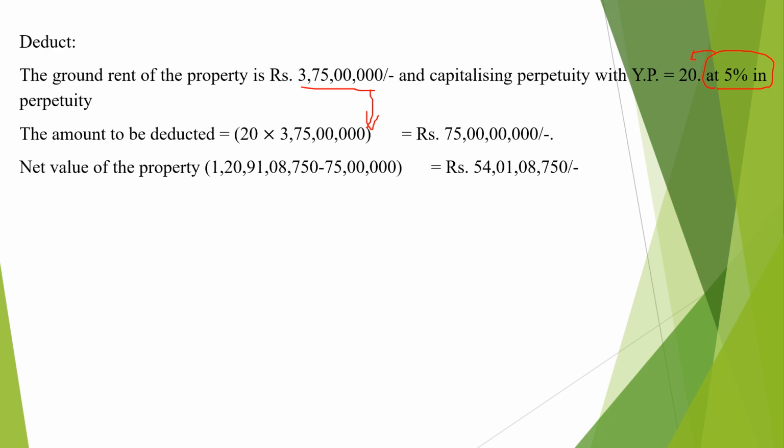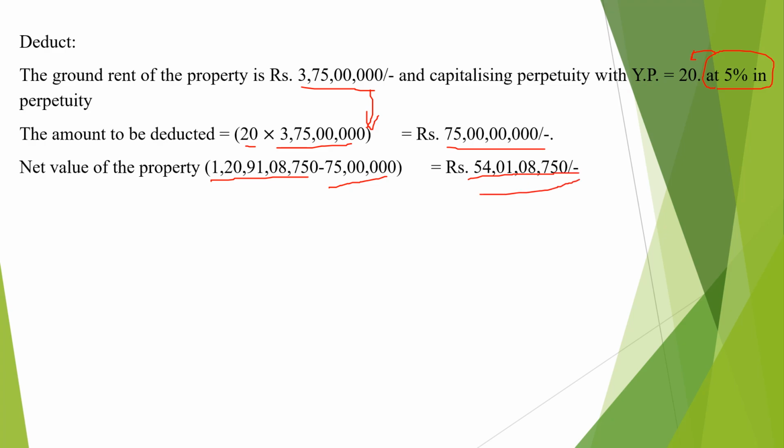So in this way, you can calculate the total amount to be deducted, YP into 3 crore 75 lakh, that is 75 crore. So net value of the property is 120 crore 91 lakh 8,750 minus 75 crore. So net value of the property is 54 crore 1 lakh 8,750.